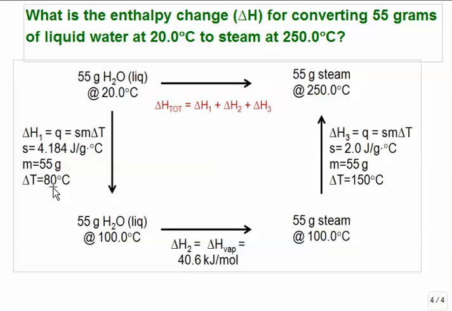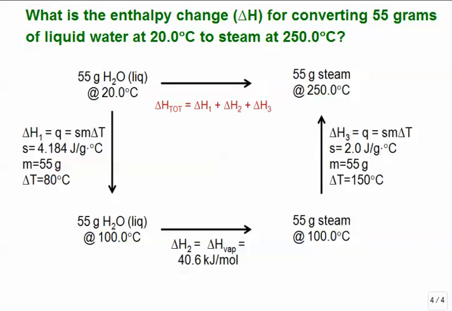When we plug these in, delta H1 is equal to 18.4 kilojoules for that 55 grams, or 18,400 joules, and we're going to leave it in kilojoules here.